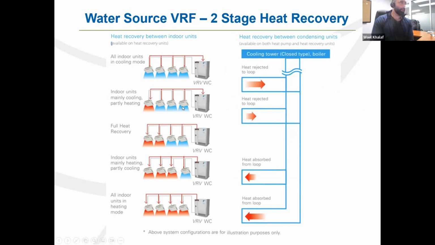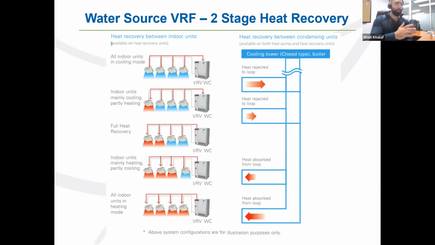And whatever heat rejection I have, or whatever heat I'm extracting out of the spaces on my cooling heads, I can basically send it to my indoor fan coil that needs heating. So that could be partial heating. If I look a bit below, that's kind of a full heat recovery. Whenever two of my indoor fan coils need cooling and the other two need heating, then my water source unit is basically doing almost no work, just helping circulate the energy from one space to the other.